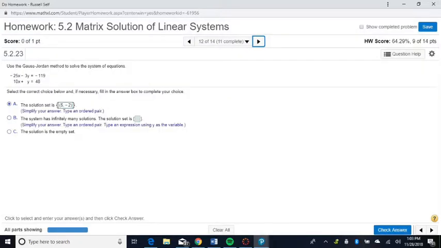Let's see. Number 12. Now is where they're going to start using the Gauss-Jordan method to solve the system of equations. So we're going to talk about what that method looks like, and then the examples for this one and as you go forward are actually in the next video. So let's talk about what it's supposed to look like and what's supposed to happen as we go.